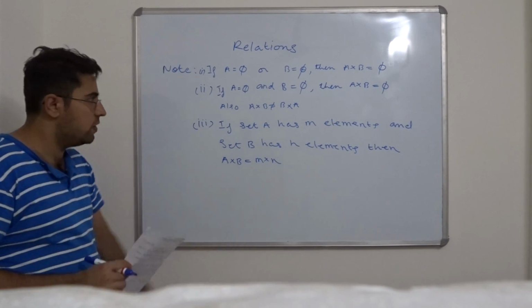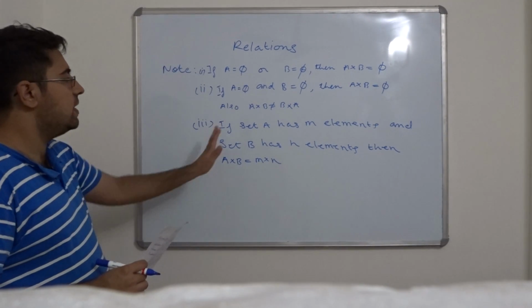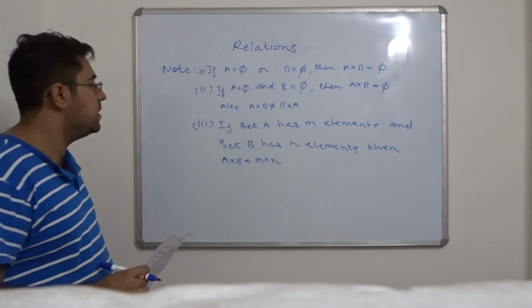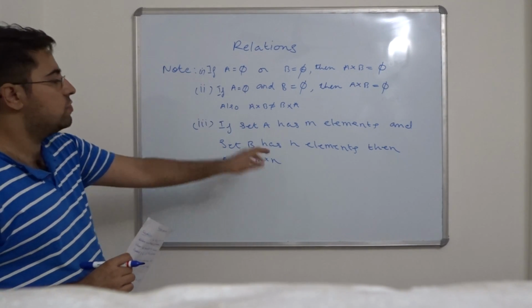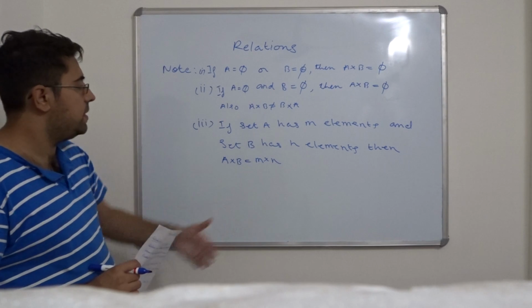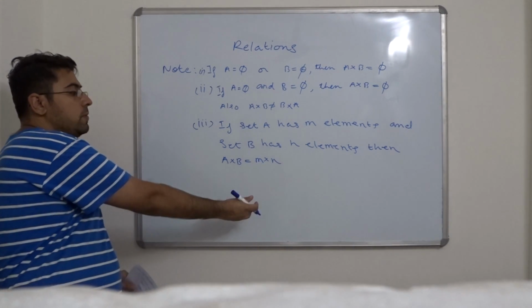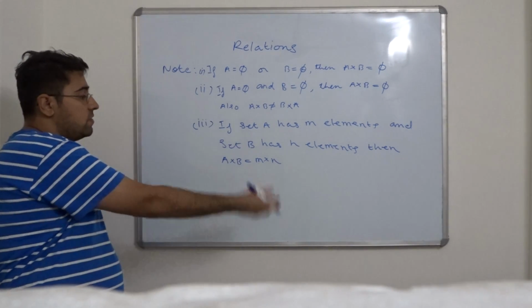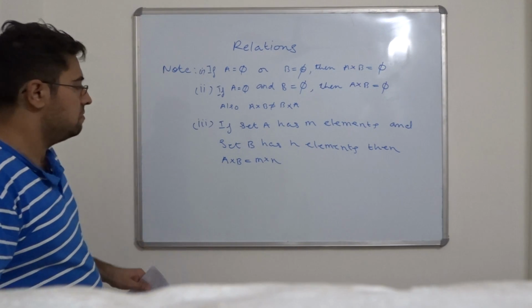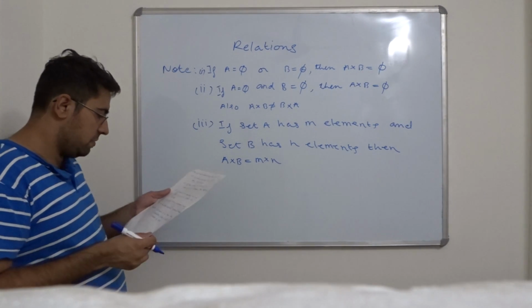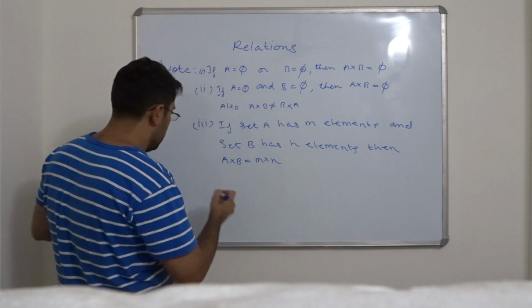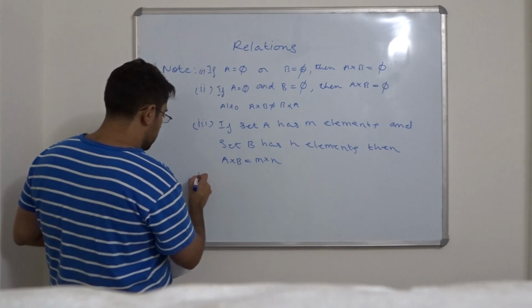So do you understand? I'll give you an example. Say set A has 3 elements and set B has 2 elements. Then A times B will have 2 times 3, which is 6 elements. As simple as that. Not something which is too hard or does not make sense.